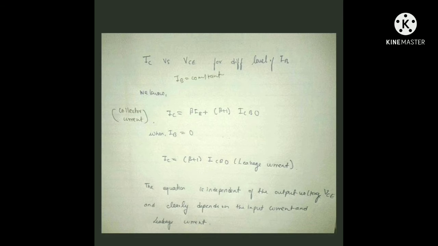When the base current IB is equal to 0, IC, that is the collector current, is equal to beta plus 1 ICBO, which is known as the leakage current. The above equation IC is equal to beta IB plus beta plus 1 ICBO is independent of the output voltage and clearly depends on the input current and the leakage current.